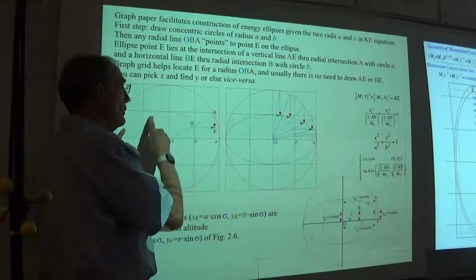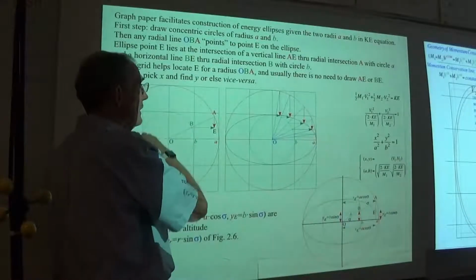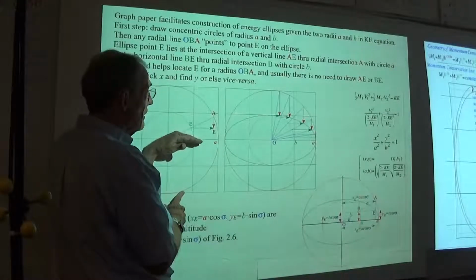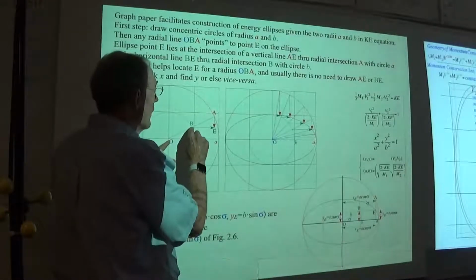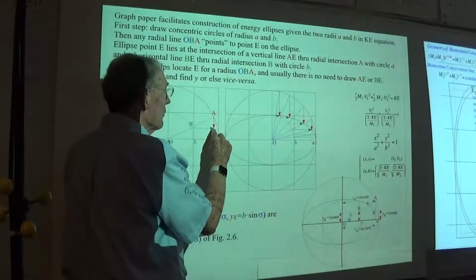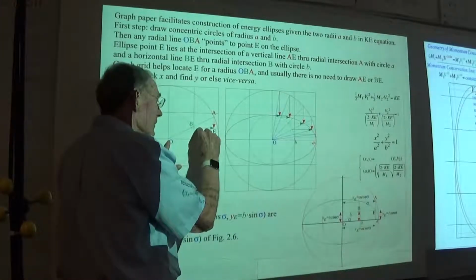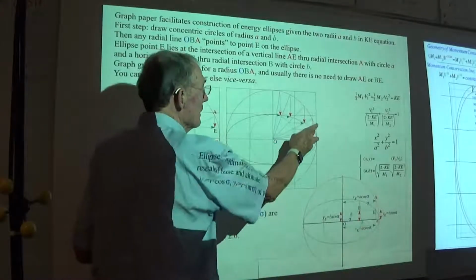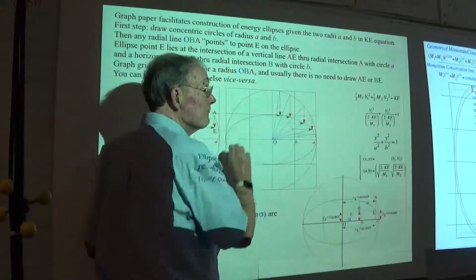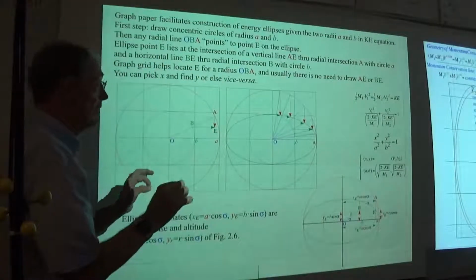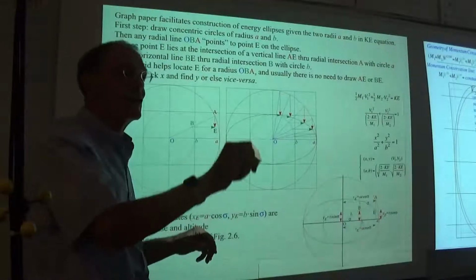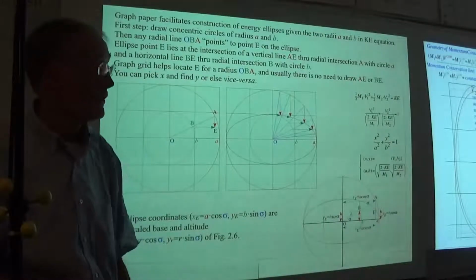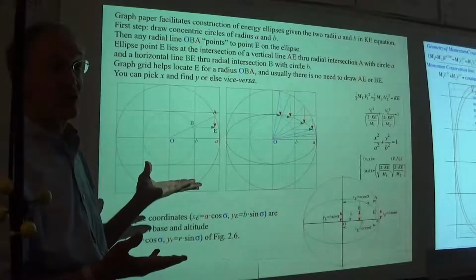You draw a circle for B, you draw a circle for A, and then you just pick whatever angle you want to put a point down for, and you run a graph line from that point, see where it intersects a graph line for that. That's a point on the ellipse. Okay, that's a lot easier than sticking thumbtacks in, getting string, and drawing an ellipse using polar coordinates. This is Cartesian construction. This is Thales. This is 600 BC.